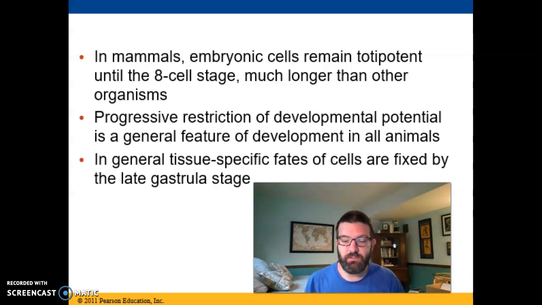And again, this allows, if those cells break apart, for both of those clumps of cells to each form an entire organism. And that's why you can have monozygotic or identical twins, which come from a single sperm and a single egg forming a single zygote, hence monozygotic. That zygote undergoing cleavage, breaking apart, and forming eventually two genetically identical organisms. So identical twins are clones of one another. And this can't happen unless you have cells that are totipotent through at least the first cleavage or first couple of cleavages.